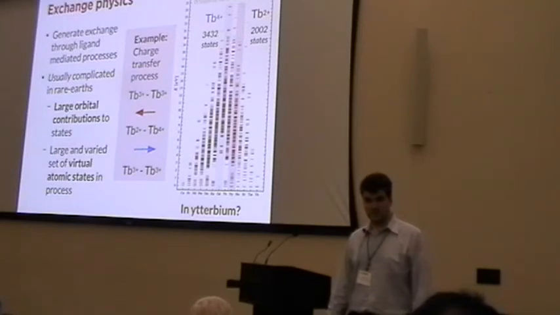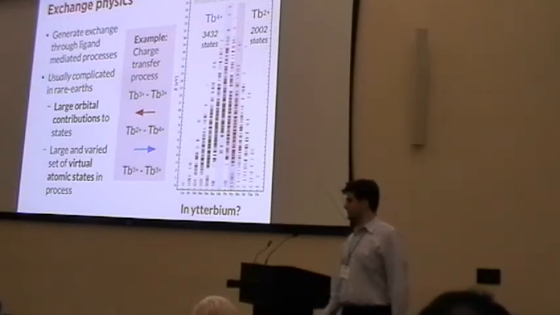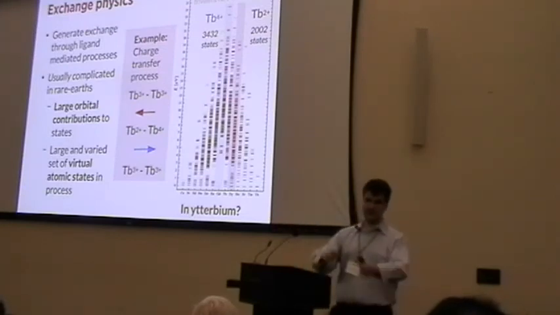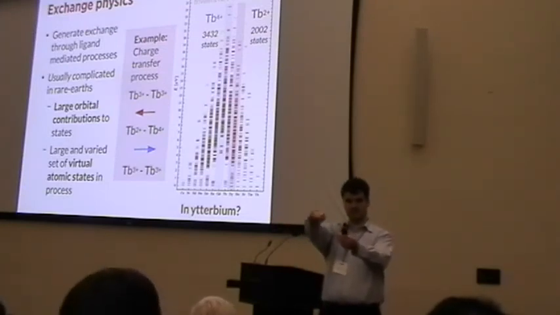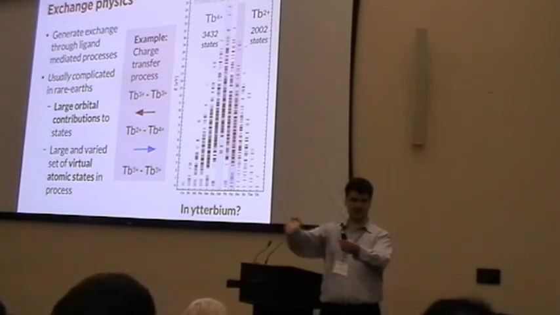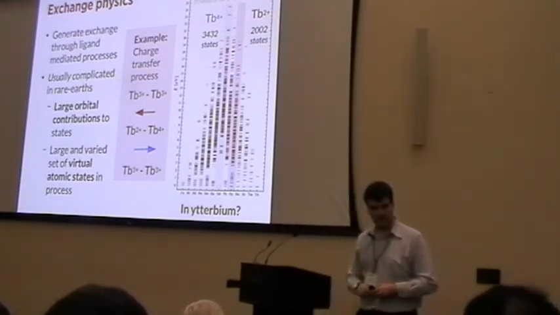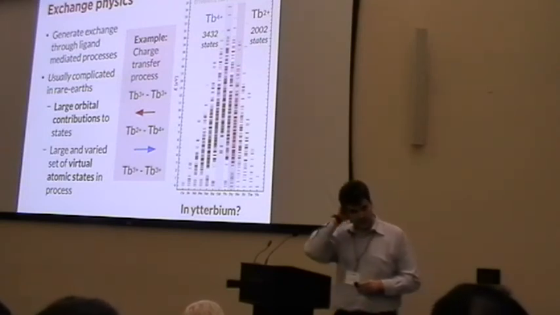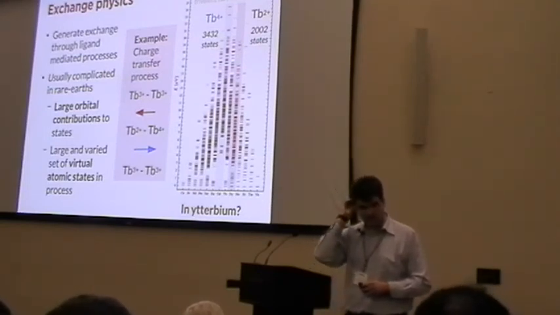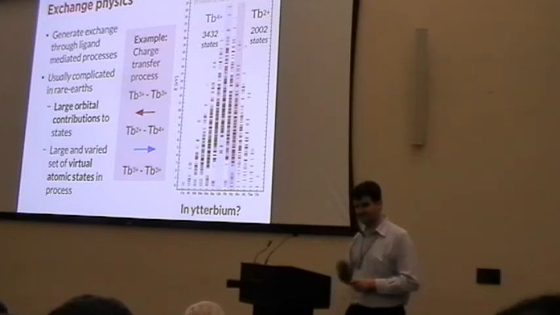Your theory is strictly only for an insulator. This is for the insulator, yeah. So this is a caricature. In reality, it goes from the rare earth to the ligand to the rare earth, and there are some cyclic processes in there as well. But okay, so your theory is for the localized state. Yes. Okay, thank you.